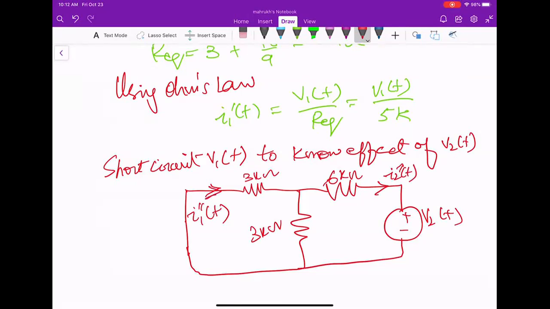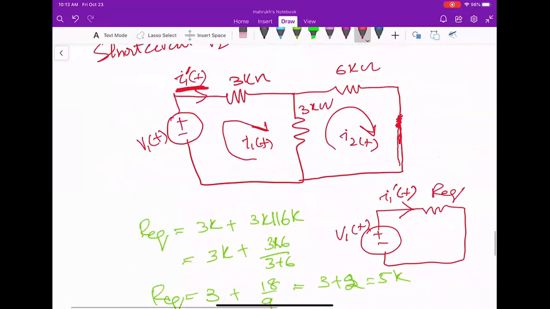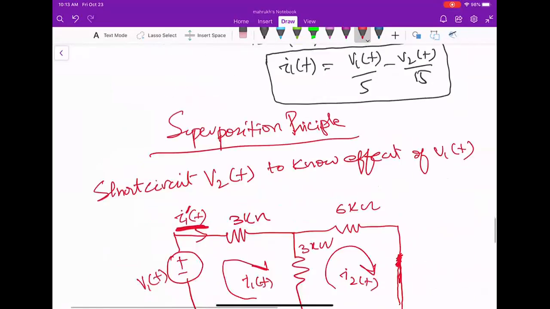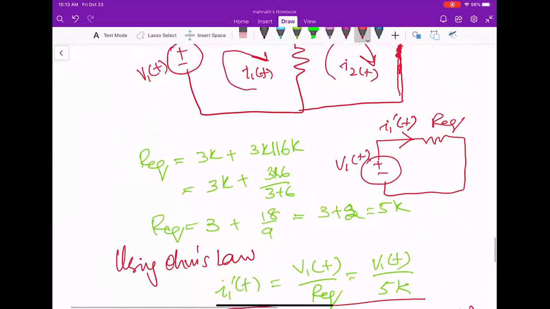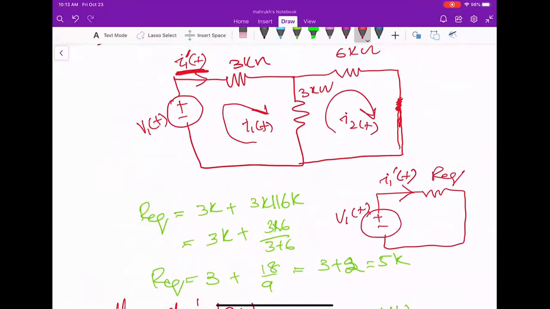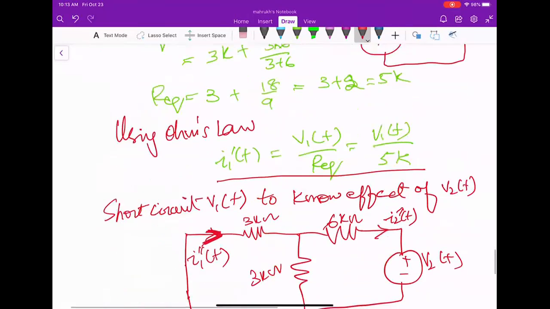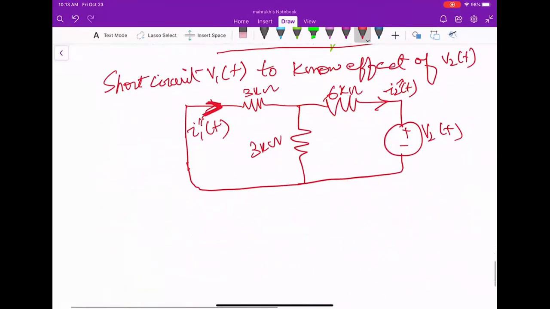I am comparing I1 dash of t. I want to know I1 of t. That's why I found I1 dash of t, because I don't want to know other currents, just for brevity. I want to compare only I1 of t. So here also I want to know I1 double dash of t. I just changed the name here too, to differentiate the currents.